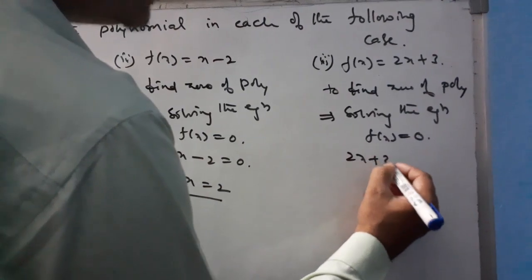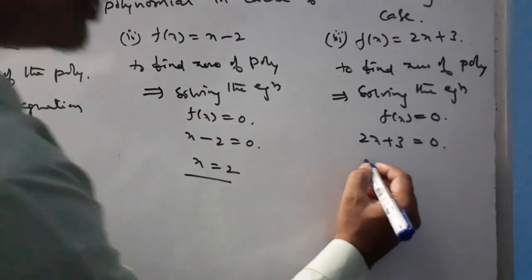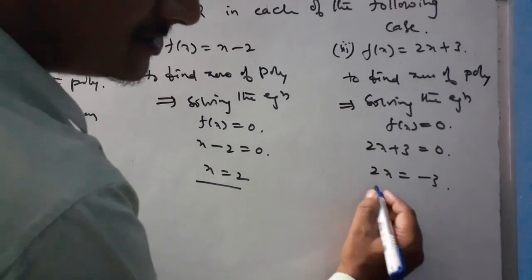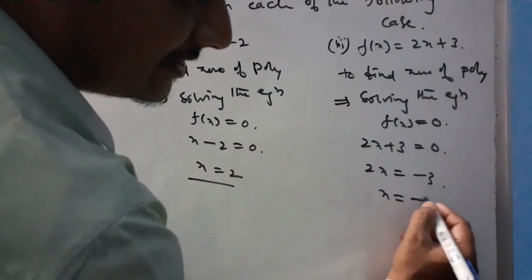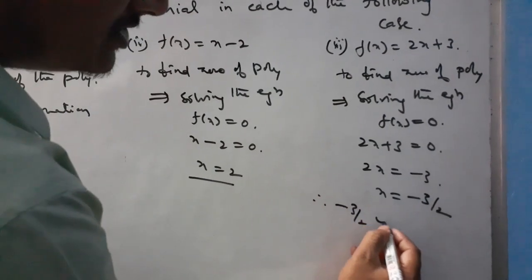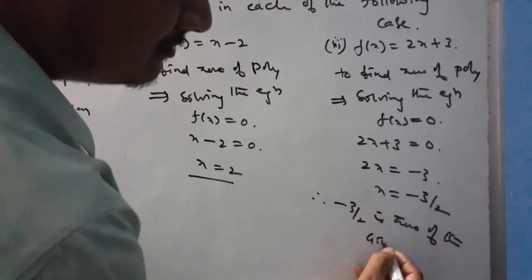So 2x plus 3 equal to 0. So plus 3 brought to the right side becomes minus 3, so 2x is equal to minus 3. So here 2 brought to the right side, so x is equal to minus 3 by 2. So therefore minus 3 by 2 is a 0 of the given polynomial.